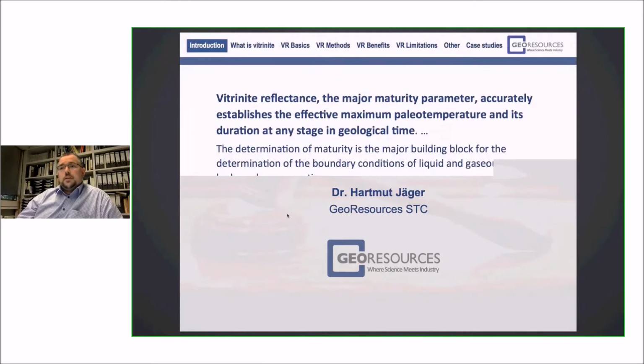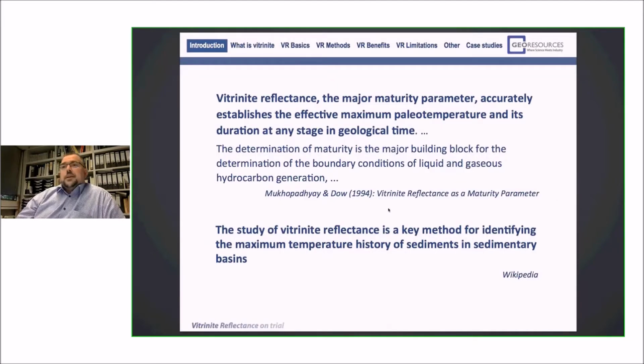So that's what you find in some books. I put some references here. Vitrinite reflectance, the major maturity parameter, accurately establishes the effective maximum paleo temperature and its duration at any stage in geological time. So this confirms that vitrinite reflectance is not just a tool, it's a very important and reliable tool.